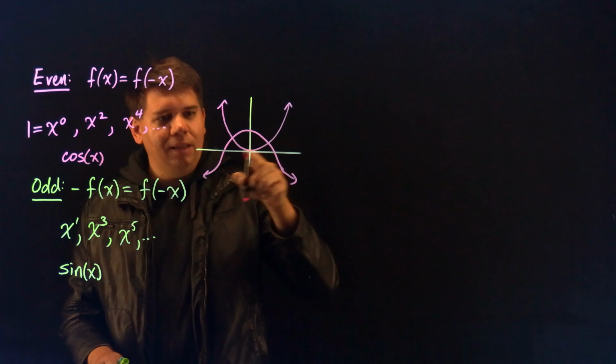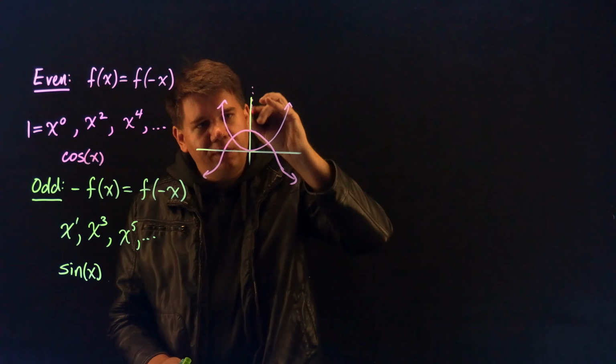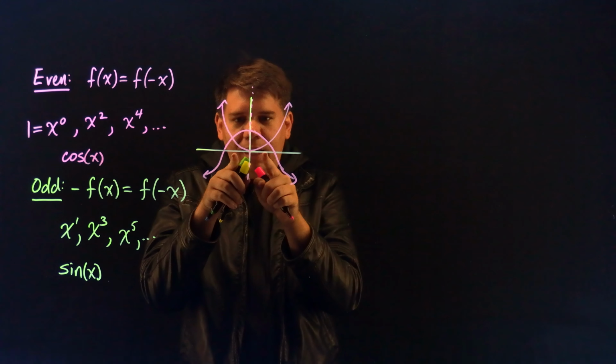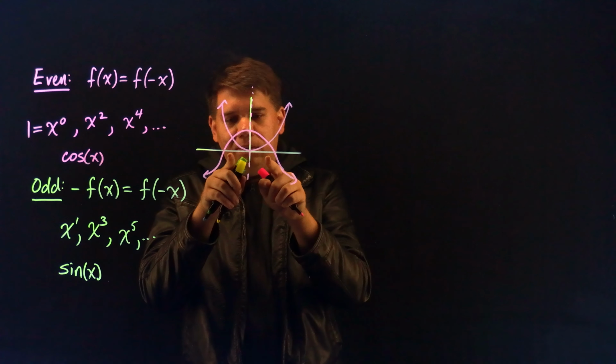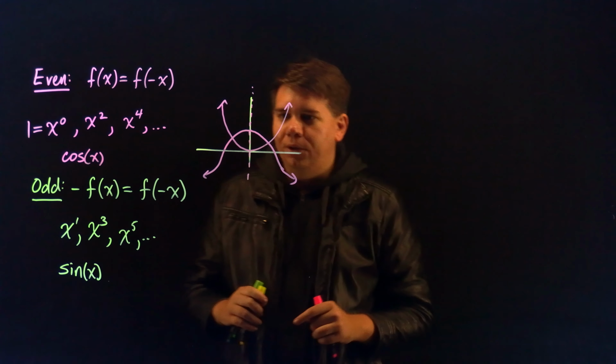The right-hand side and the left-hand side of the y-axis are symmetric. So you have this symmetry along the y-axis for even functions. A positive number, a negative number, when you plug them in, x or negative x, 3 or negative 3, whatever you're plugging in there, they give you the same value.